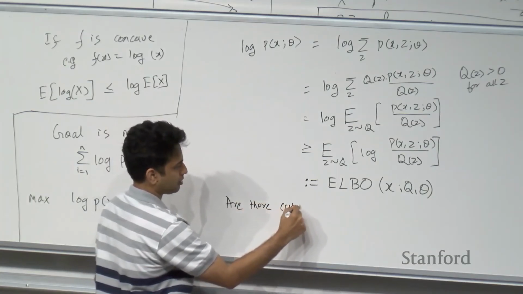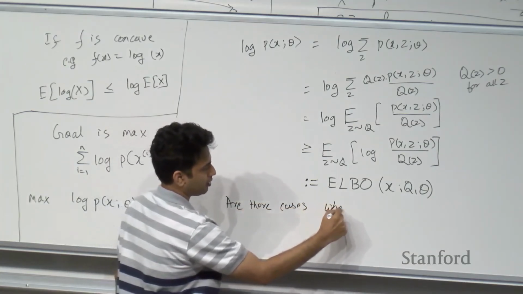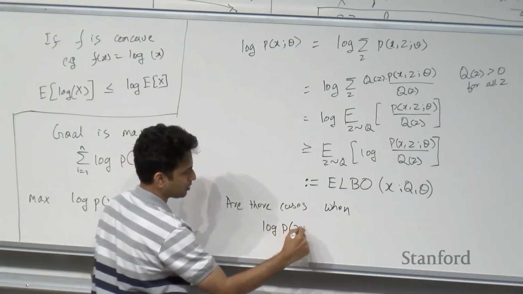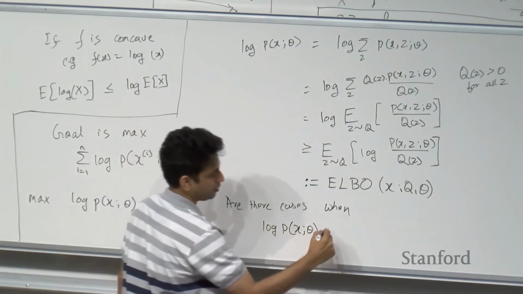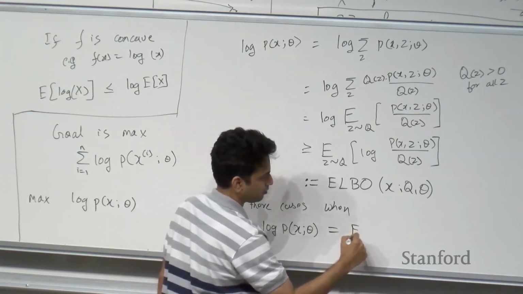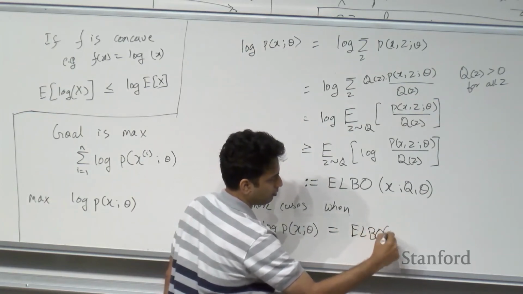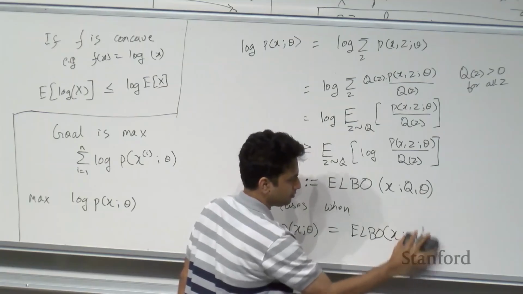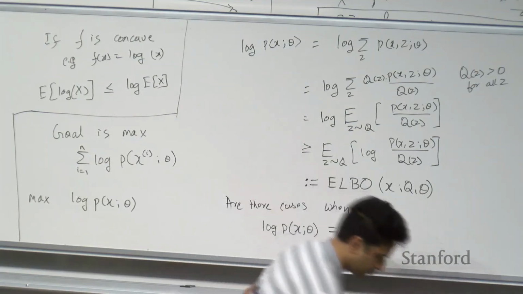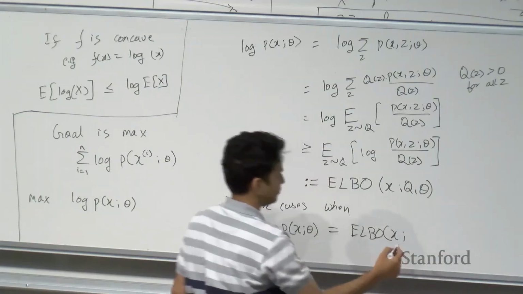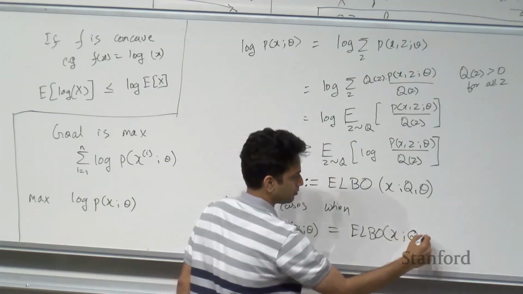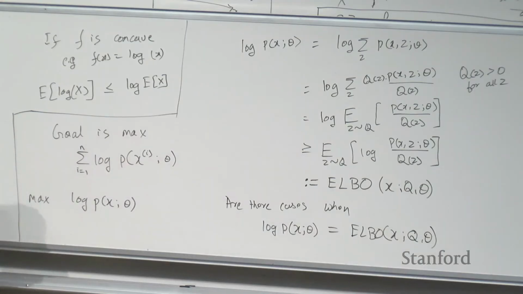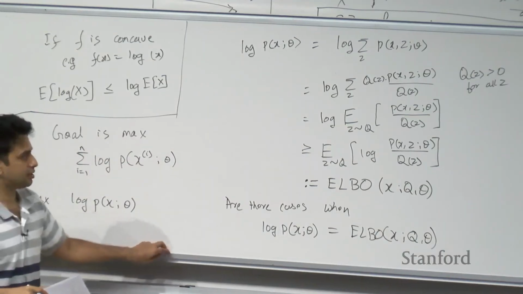Are there cases when log p of x theta is equal to the ELBO of x, q, theta? And the answer is yes.